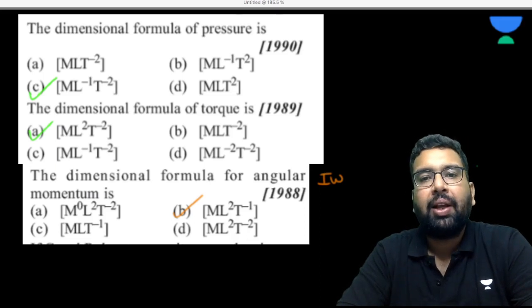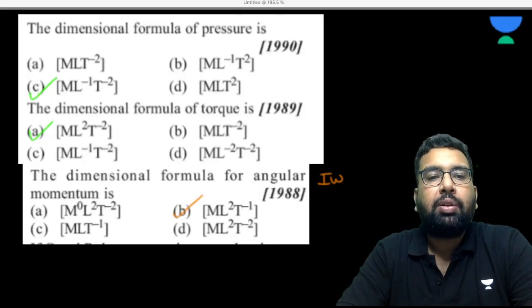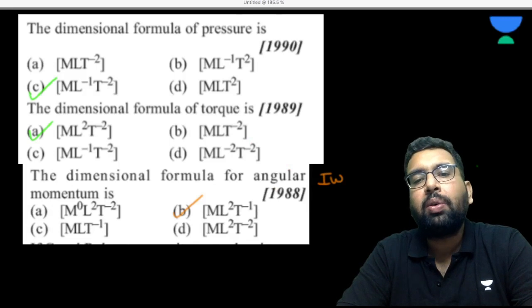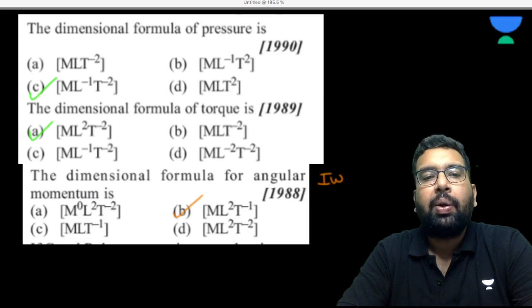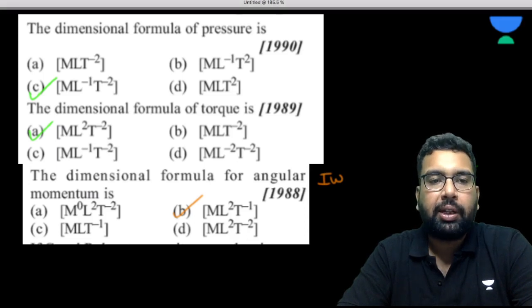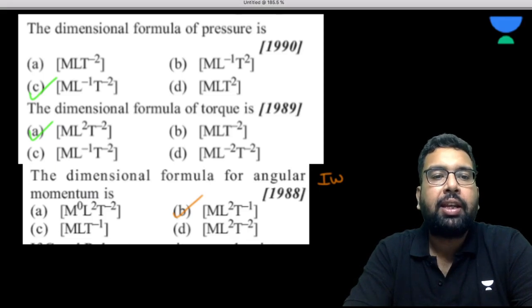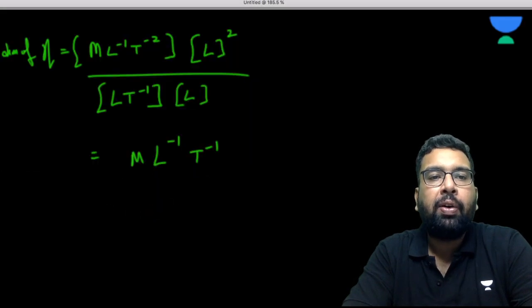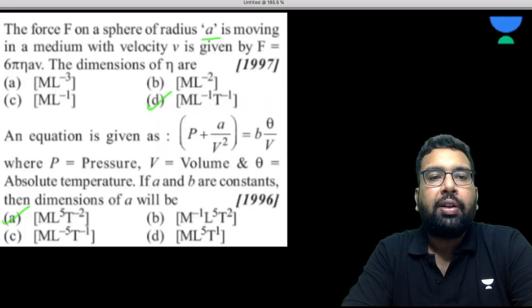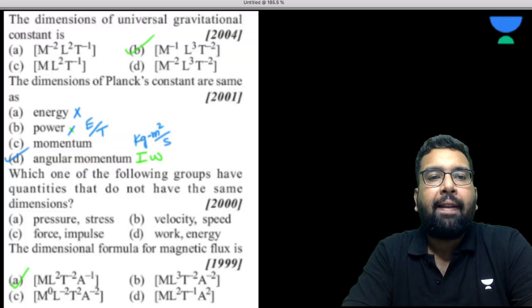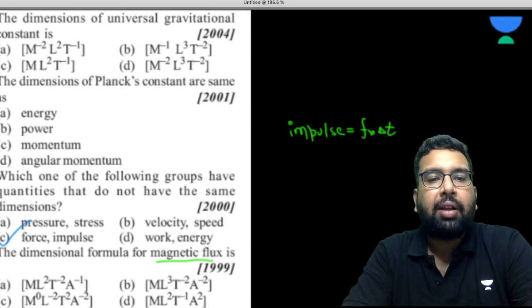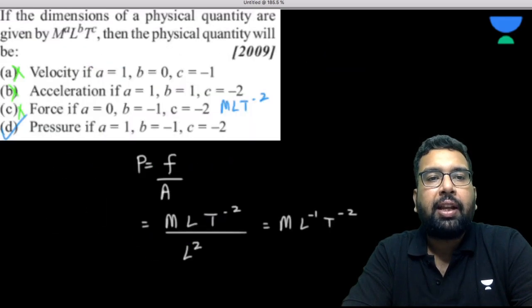Similarly, guys, we can do many questions. There is no end to doing the questions. So in this session, how many questions have we solved? Let's see: 3, 4, 5, 6, 7, 8, 9, 10, 11, 12, 13, 14, 15 and 16.